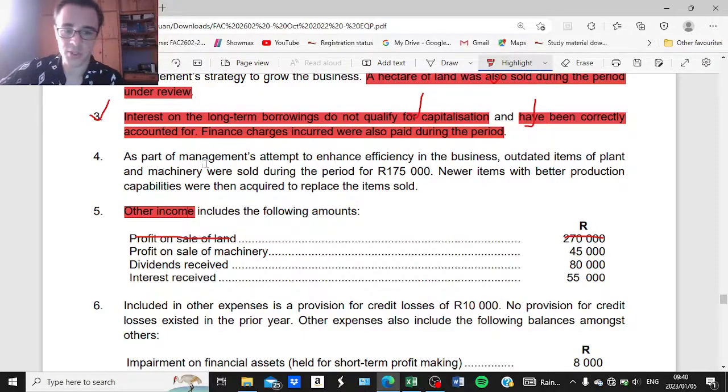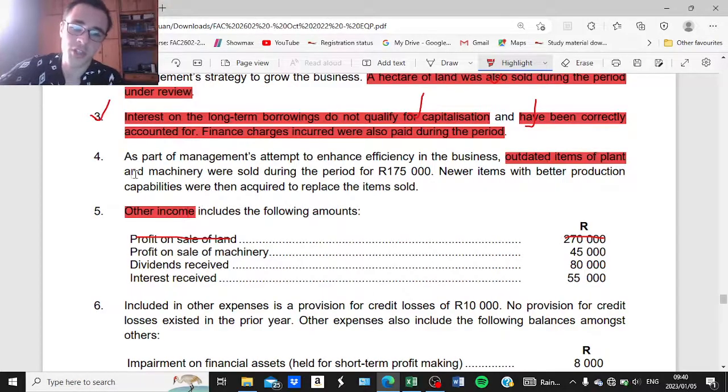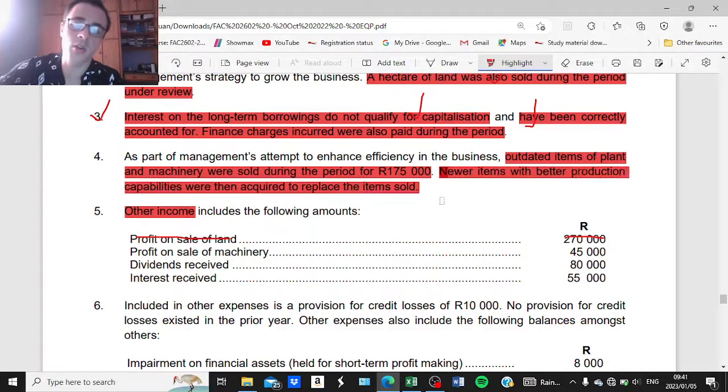Now, according to additional information point 4, as part of management's attempt to enhance efficiency in the business, outdated items, so old items, of plant and machinery were sold during the period for 175,000. Newer items with better production capabilities were then acquired to replace the items sold. First we need to take note of the plant and machinery that was sold.